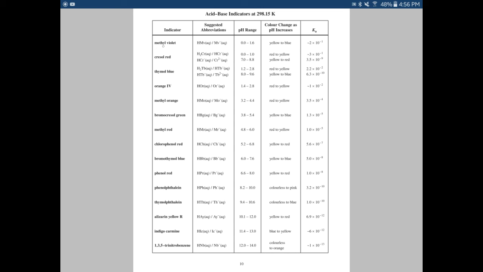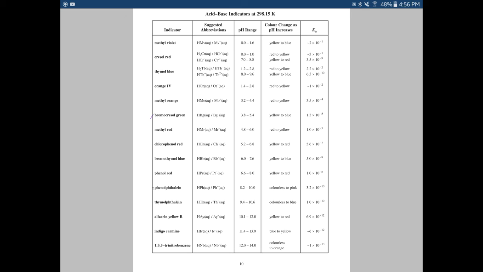So if we have methyl violet, we get a pH range from 0 to 1.6, so very acidic. We would get a yellow color at a pH of 0, and as it changes to a pH of 1.6, you would get a color change to blue. Whereas if you had something like bromocresol green, at a pH of 3.8 you would have a yellow color, and at 5.4 you would get a blue color.